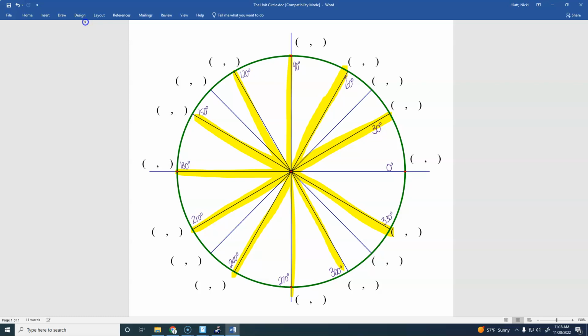And then 0 degrees can also be 360. If we go all the way around, we'd end up back at 0. We're not going to mark it on the unit circle, but you could keep on going. You could have 390 and 410, more than one rotation, but we won't do that for the unit circle.